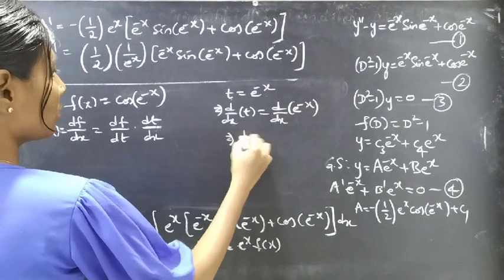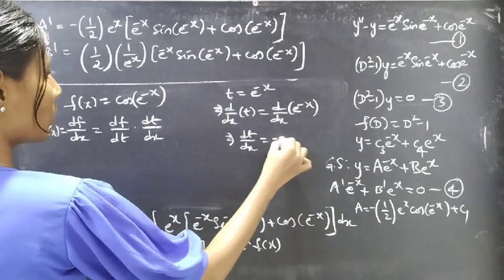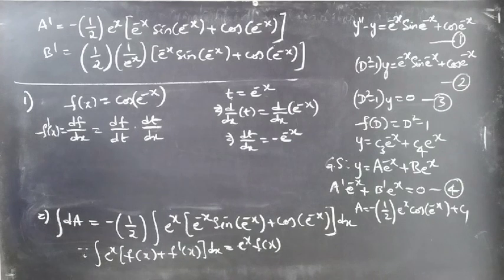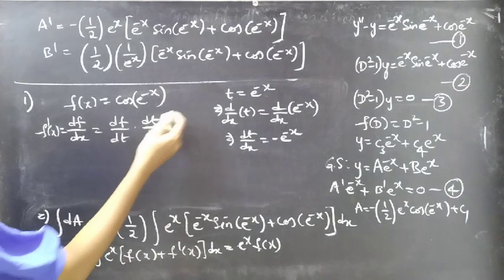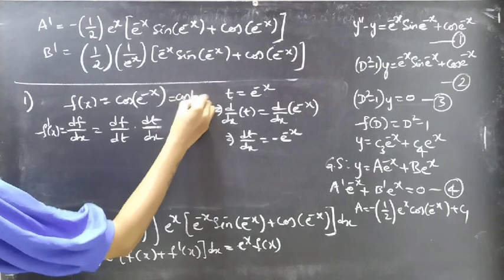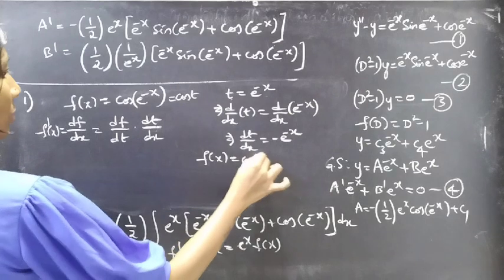We get dt/dx equals the derivative of e^(-x) with respect to x, which is -e^(-x), and we need to find df/dt. If e^(-x) equals t, we get f(x) equals cos t.